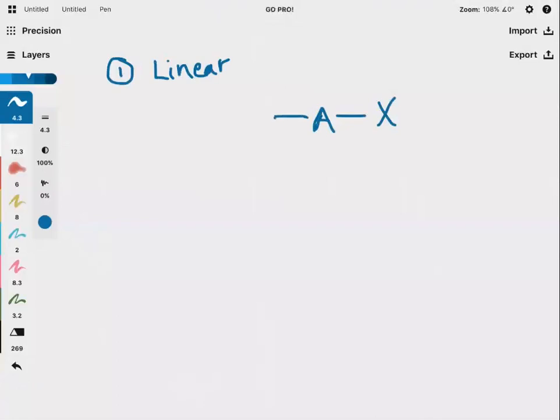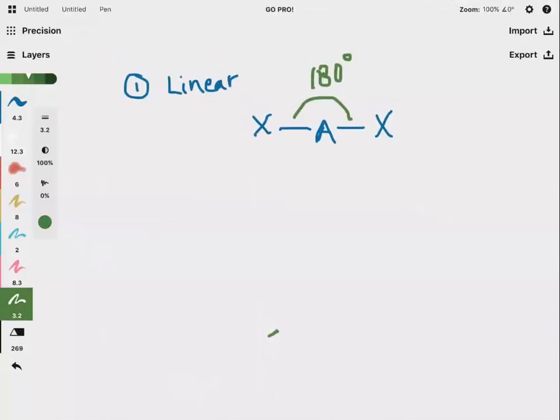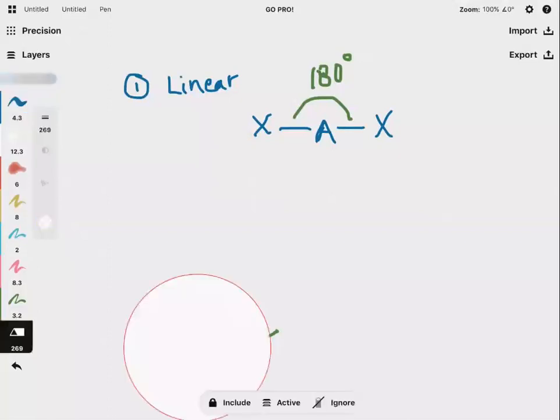X just means any other atom, and another atom on its other side, X. And the angle between the two substituents that are bonded to that central A carbon is 180 degrees. So we say that the two substituents are 180 degrees from one another. So that's a linear geometry.